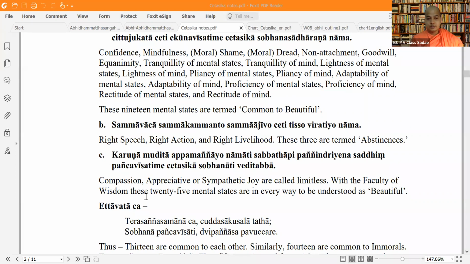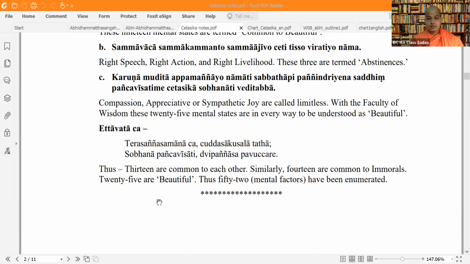Including these 3, you have 25 mental states belonging to this category. They are called beautiful. Thus you have terasa yasamanacha chuttasa kusala tatha sobana panchavesati vipanyasa pavachare. Altogether 52.